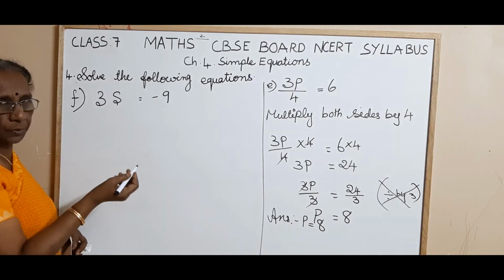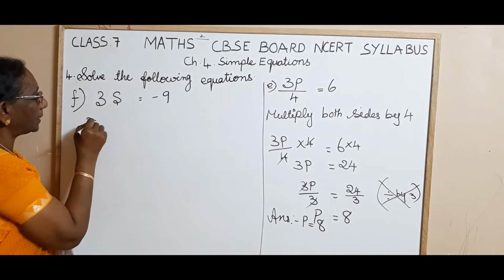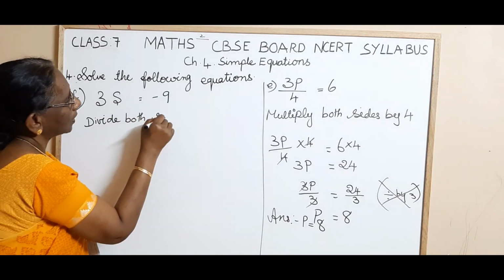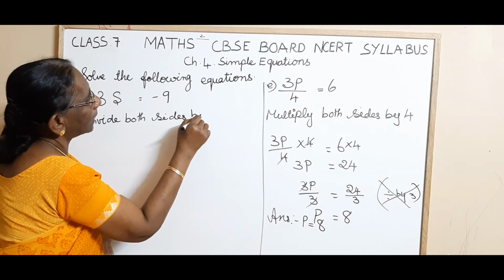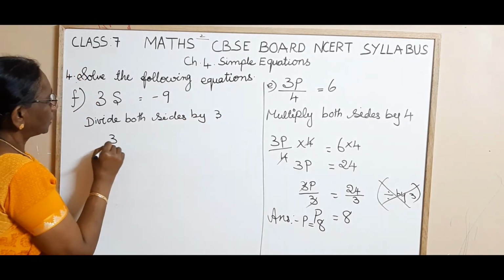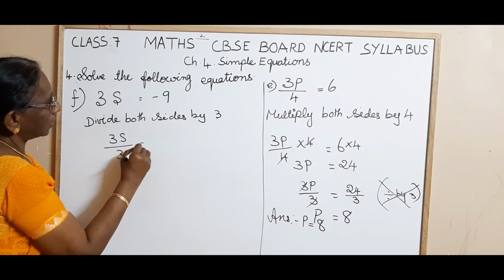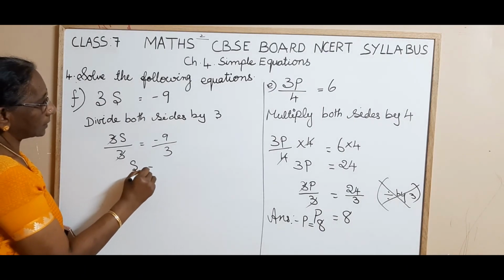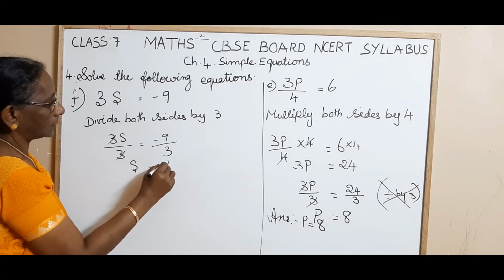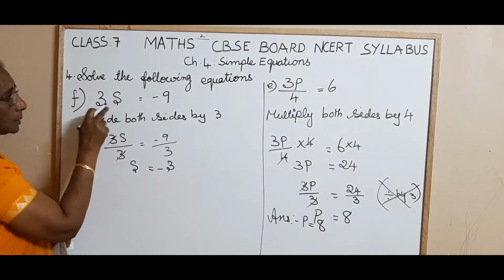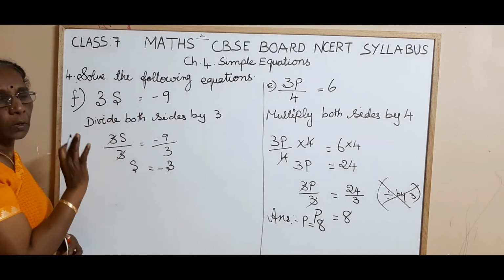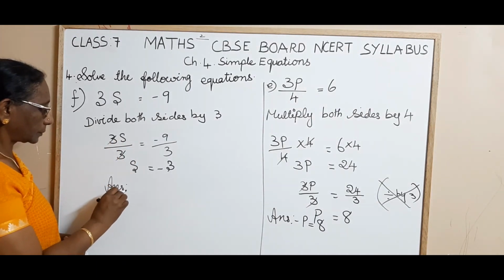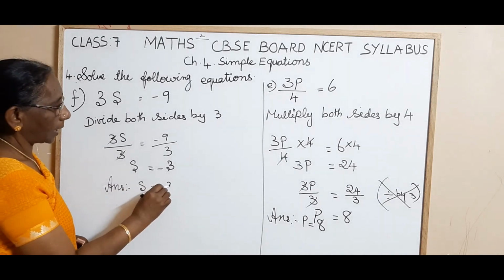You have to do the opposite or inverse operation: divide both sides by 3. So 3s by 3 is equal to minus 9 by 3. 3 gets cancelled. S is equal to minus 3 3s are 9. Now substitute: 3 into minus 3 is minus 9, so the left hand side and right hand side are the same. So the answer is s is equal to minus 3.